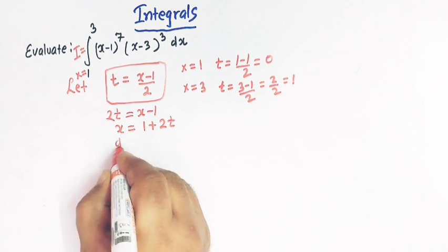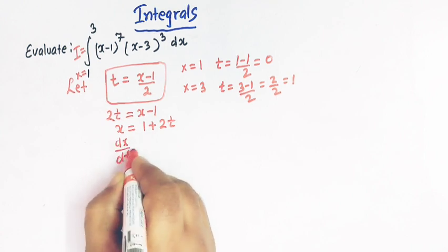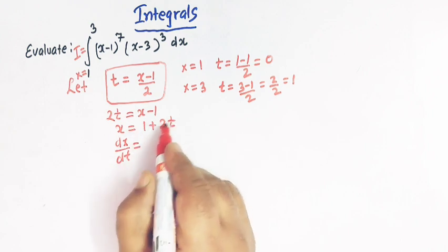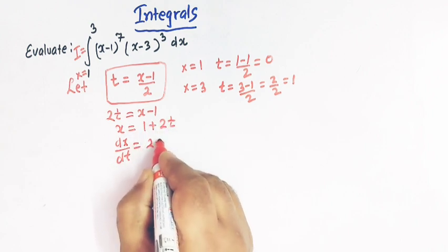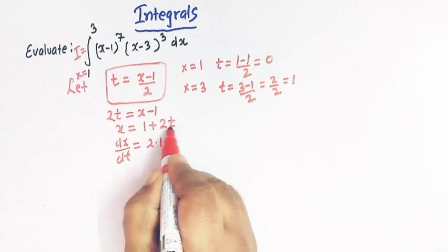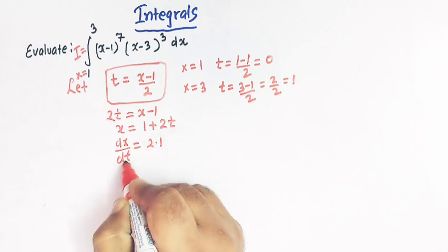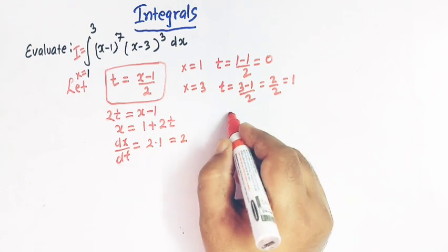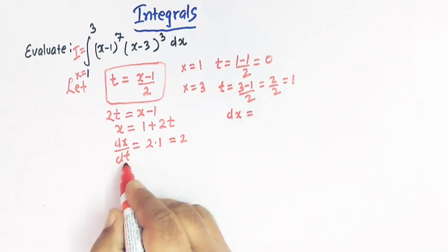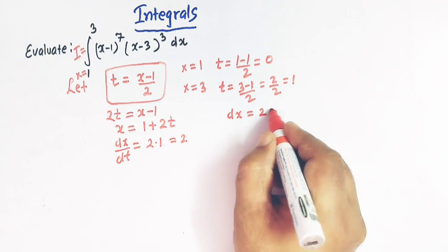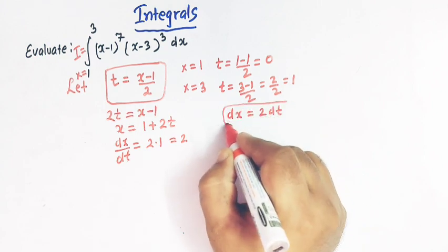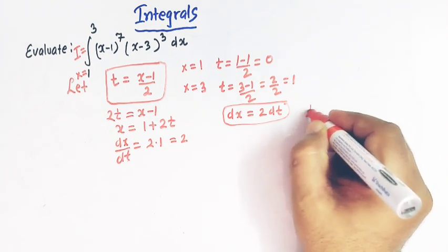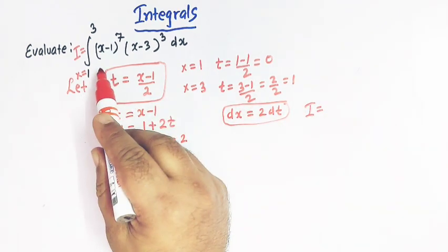We have dx over dt equal to the derivative of 1, which is 0, plus 2 times 1, because the derivative of t with respect to t is 1, so we have 2. So now we can write dx equal to 2 dt. Now we can rewrite this integral I in terms of t.